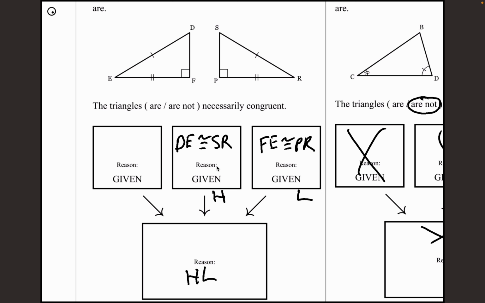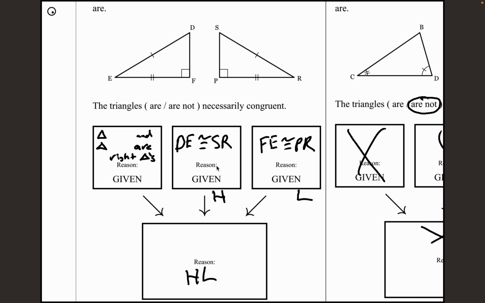Perfect. Now, in this first box, here's the nice thing about Delta Math. You do not have to write this. You just select the option. There's an option that says triangle blank and triangle blank are right triangles. So that's what's going to go in this box.